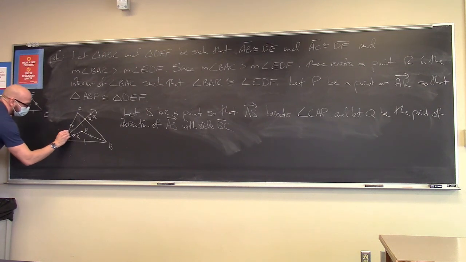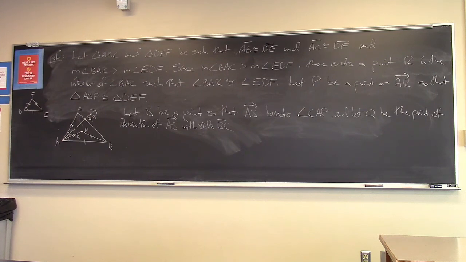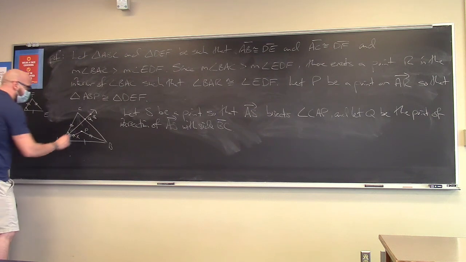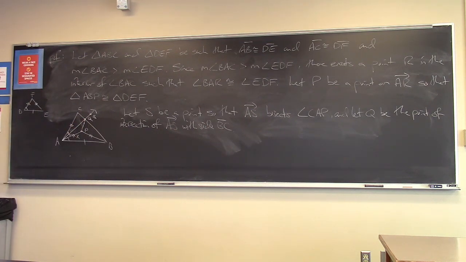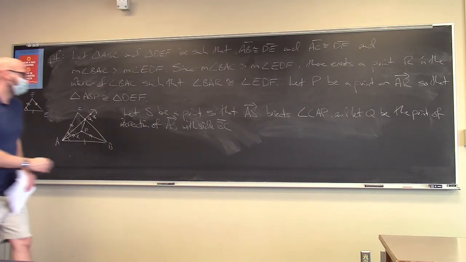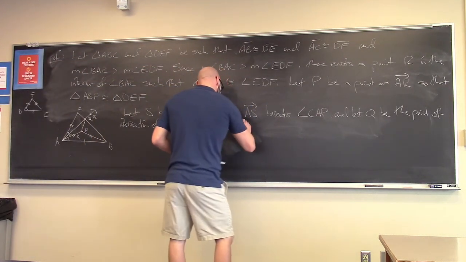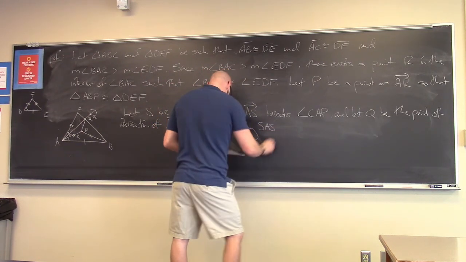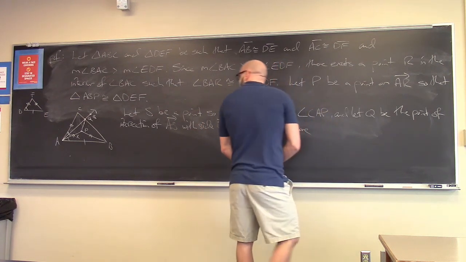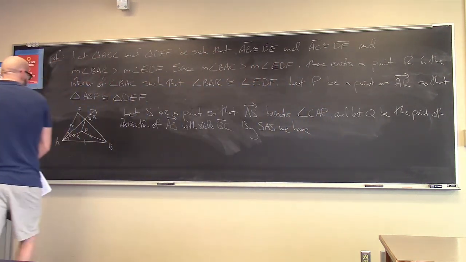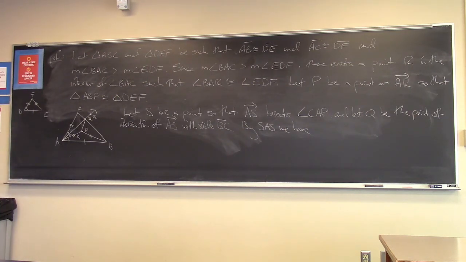All right, so these angles here are the same because of construction, right? We've drawn in the angle bisector. And it turns out this is what I want. I want this triangle. Okay, so by SAS, the two triangles in this picture are congruent to each other.